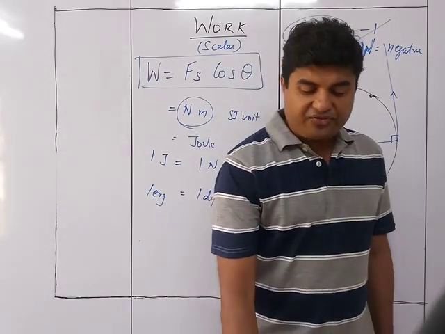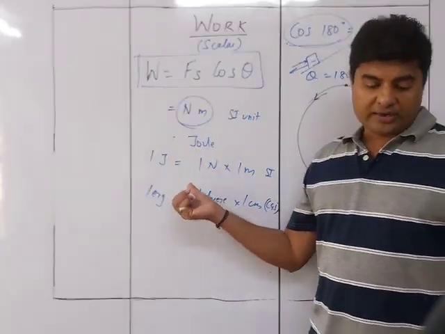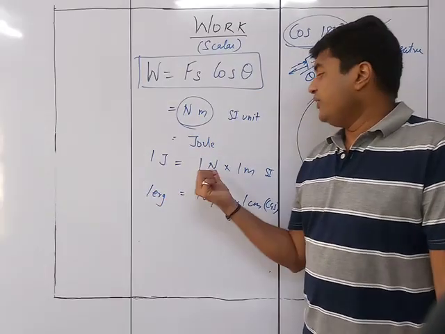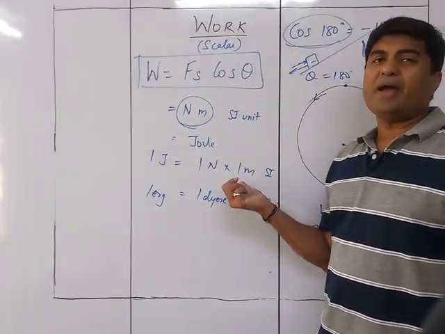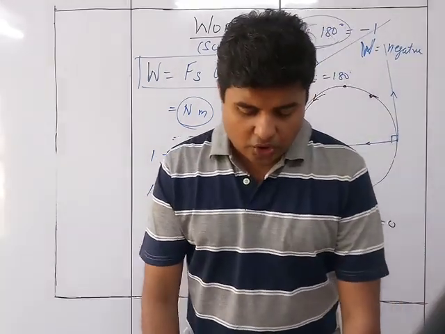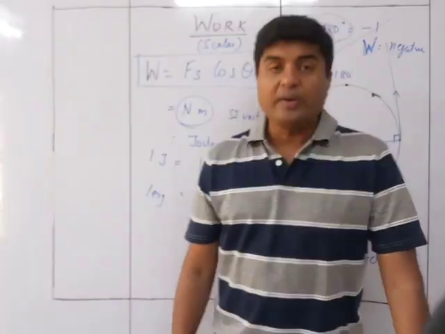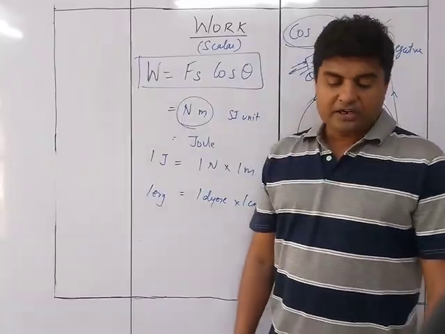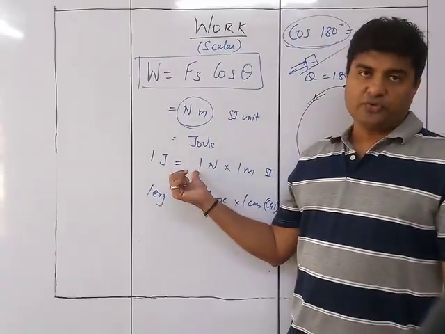So we can define 1 joule of work as said to be done when a force of 1 Newton displaces a body through a distance of 1 meter in the direction of the force.